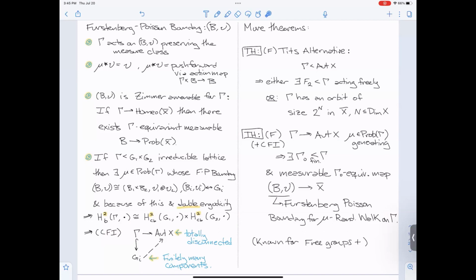In this context, also applying double ergodicity, we can deduce that the second bounded homology of gamma with certain coefficients splits as a direct sum of the continuous second bounded homology of these ambient groups, where the coefficient modules may have changed.